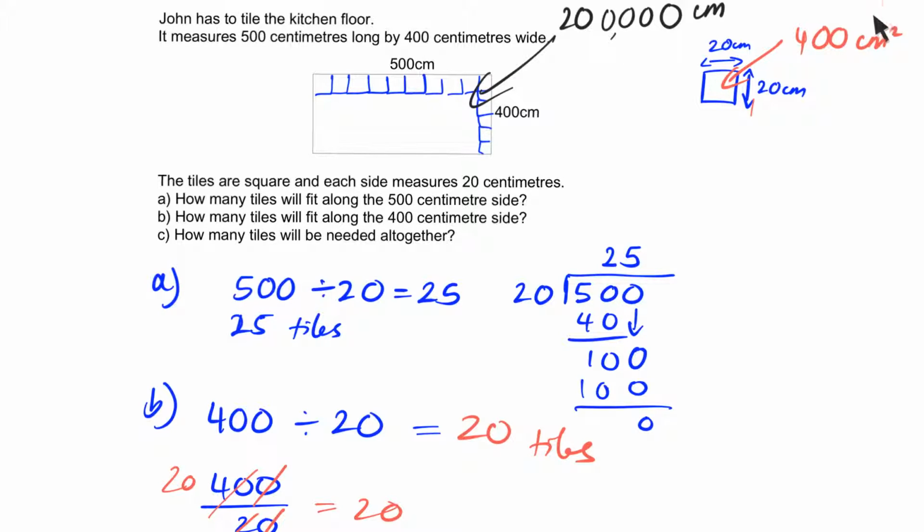I repeat, how many 400s go into the 200,000 centimeter squared, because these 400 centimeter squares are covering the floor here. So all we need to do is 200,000 divided by 400 to work out how many tiles we need.